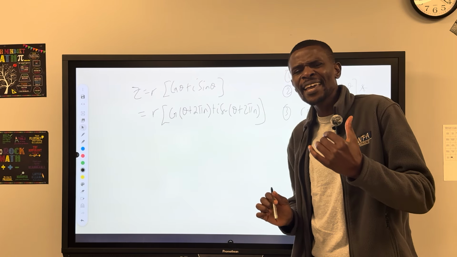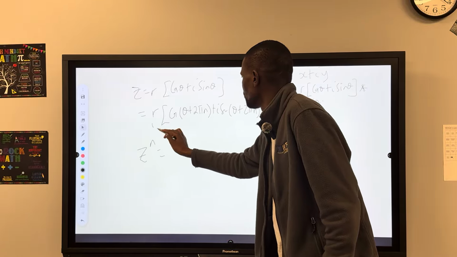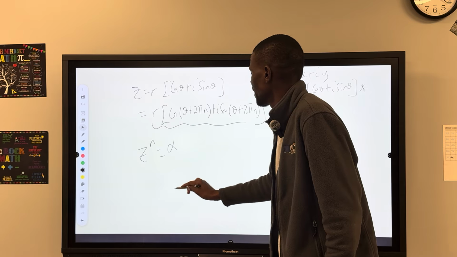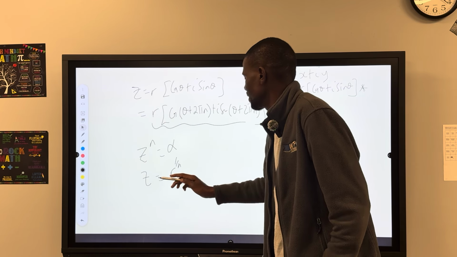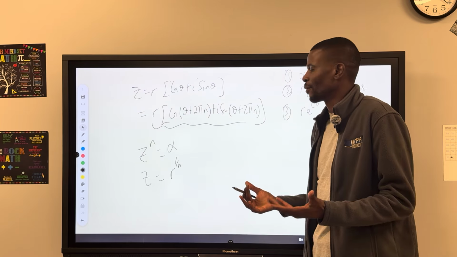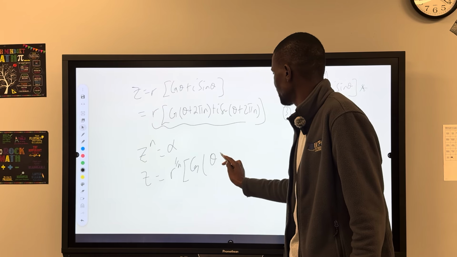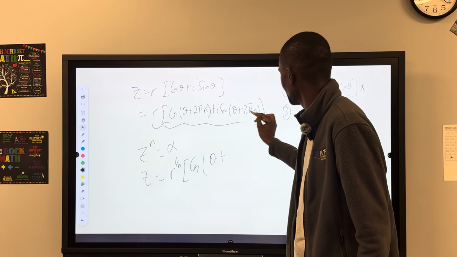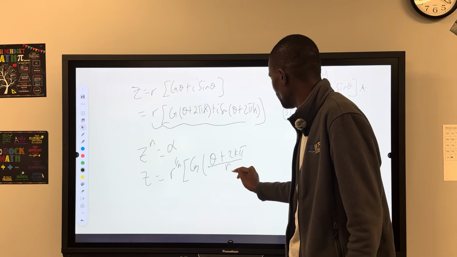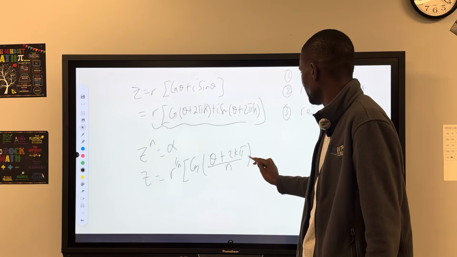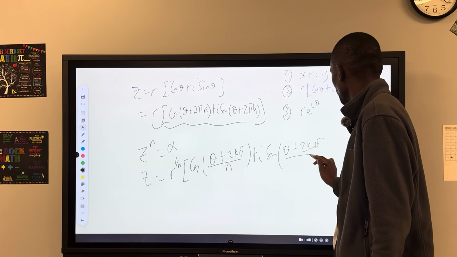Then when we apply de Moivre's theorem, say now we want to solve z to the n is equal to that, which is our alpha here. To get our z, r is affected directly by that exponent, but the angle becomes, let me put a k here, theta plus 2k pi, then over n because I'm multiplying by 1 over n, plus i sin of theta plus 2k pi over n.